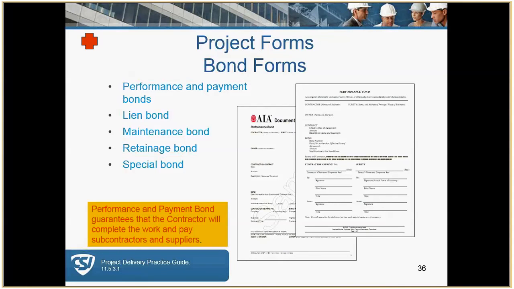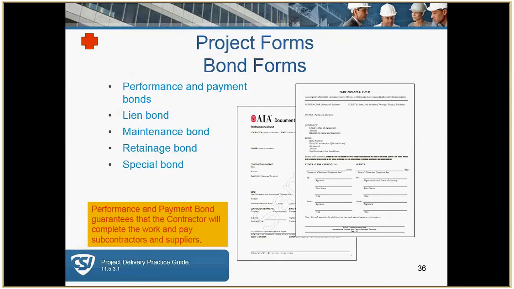Keep in mind the most common bond is a payment and performance bond. Basically, a payment and performance bond is a bond that the contractor obtains from a surety, from a separate company or third party, that guarantees that they're going to complete the work, and also guarantees that they're going to pay their subs.